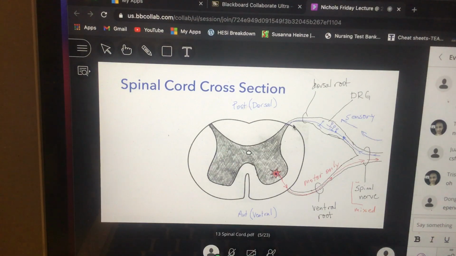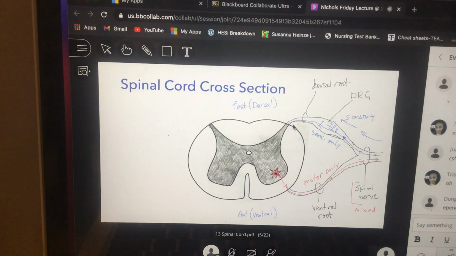And the dorsal root is sensory only, all right? Where is the cell body of the sensory unipolar neuron? Dorsal root ganglion.